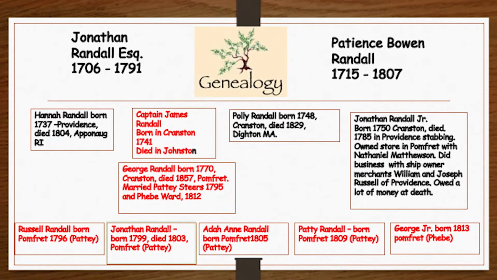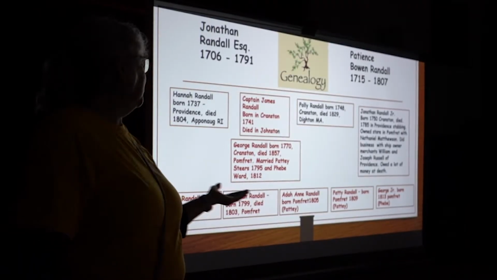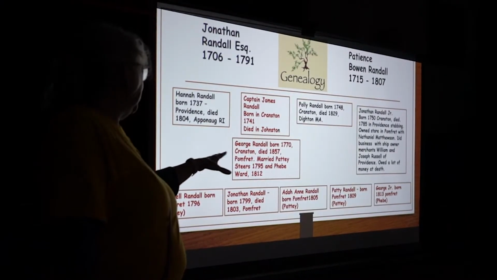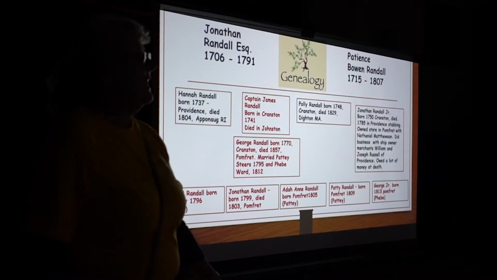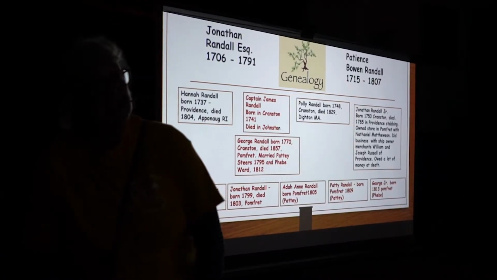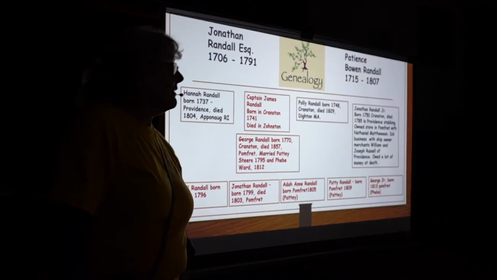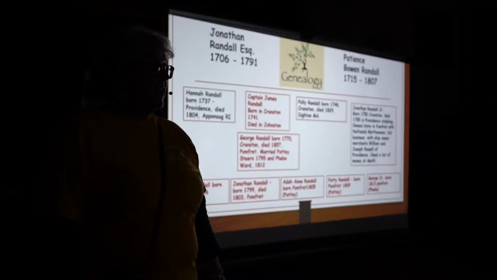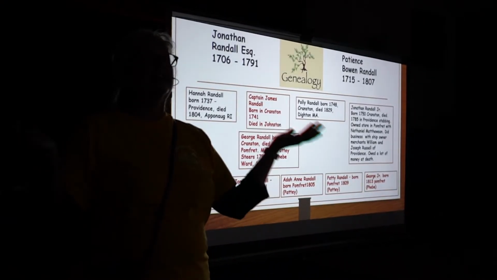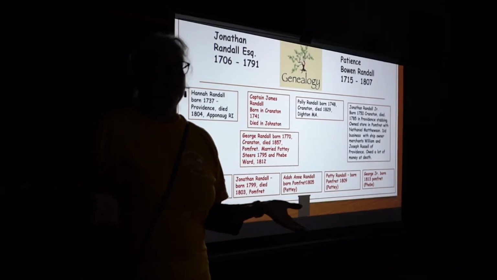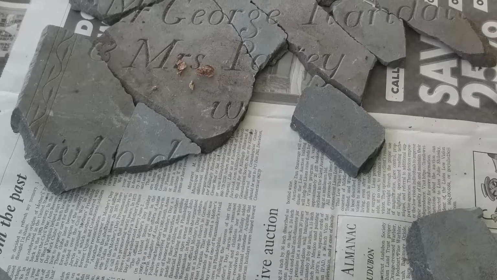This little guy here, I'm still trying to solve this mystery. Little Jonathan, there's no record of him anywhere. There's no record of him having a little boy, born in 1799, except that 2 years ago, out of the blue, there appeared a smashed gravestone against the wall in the cemetery. And it was curious.